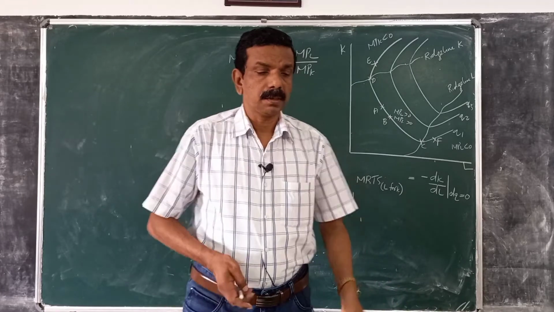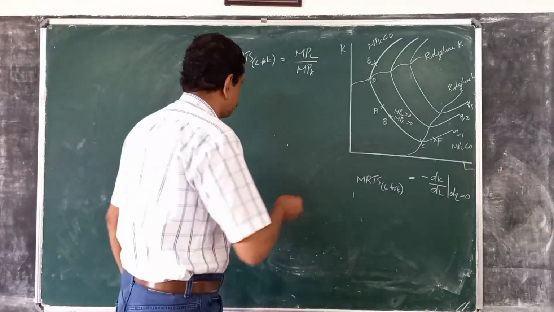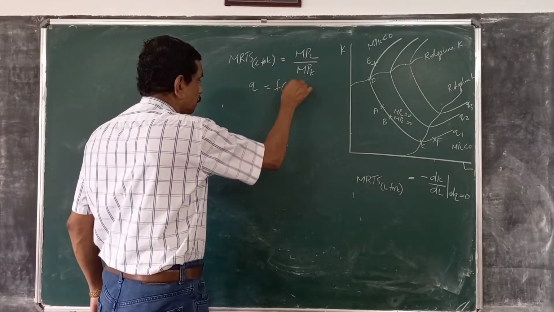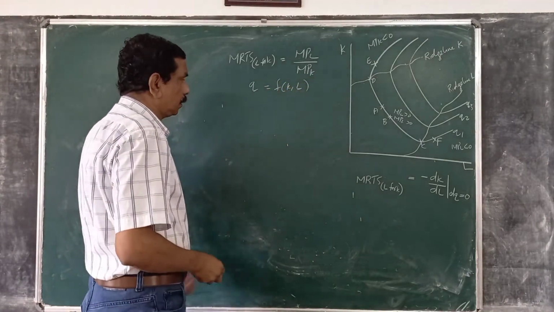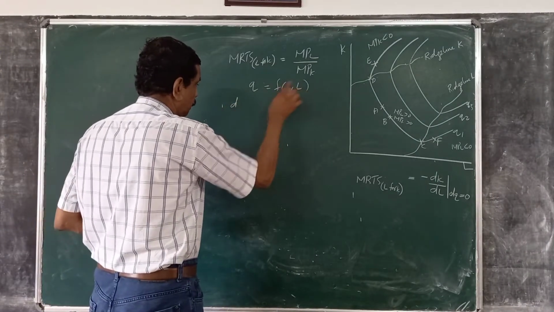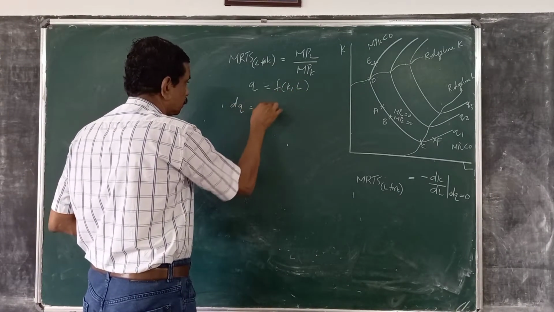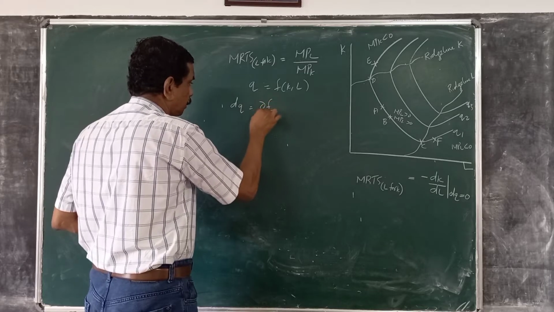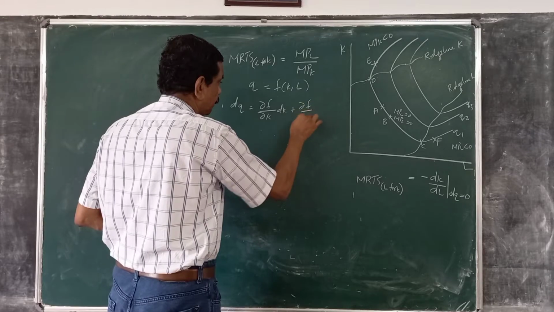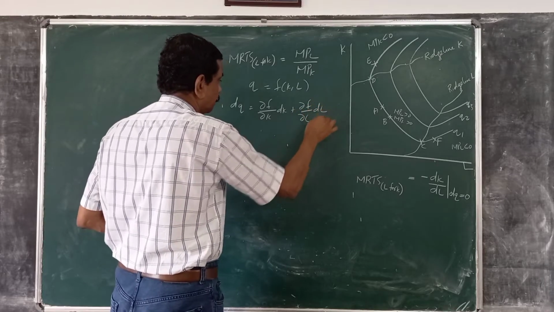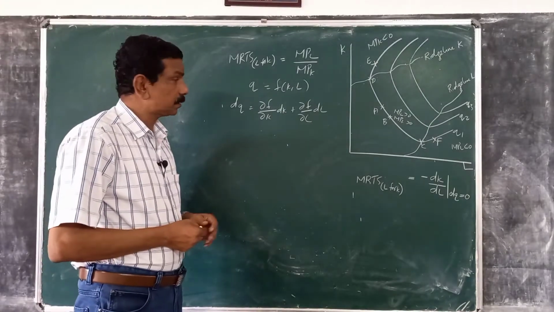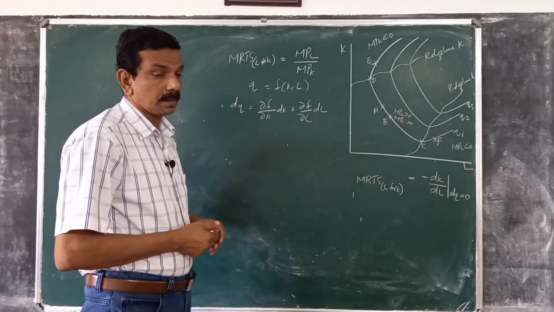Let us see how it is actually derived. We have Q as a function of K and L. Taking the total differential because K and L are not independent, dQ is equal to ∂f by ∂K into dK plus ∂f by ∂L into dL.